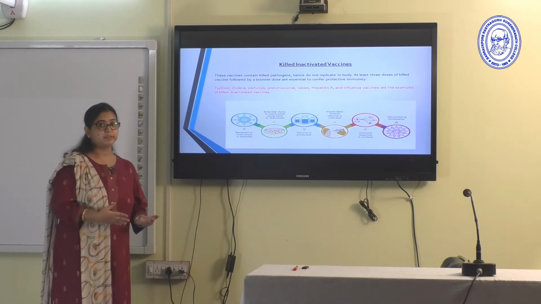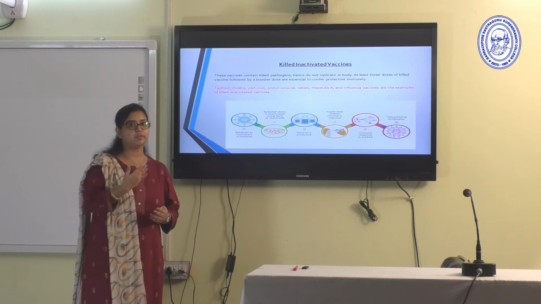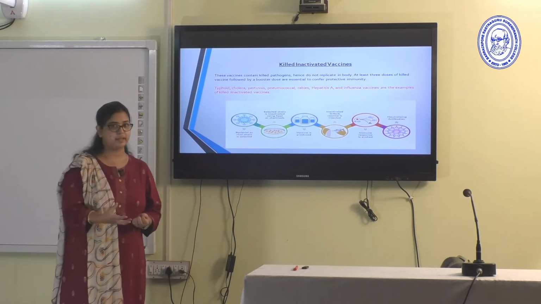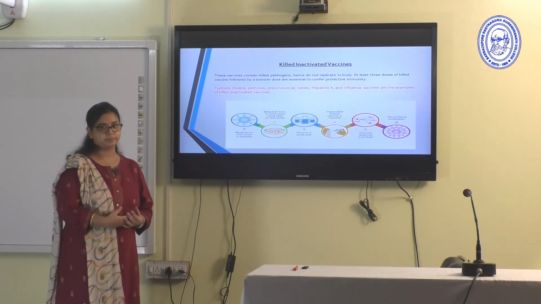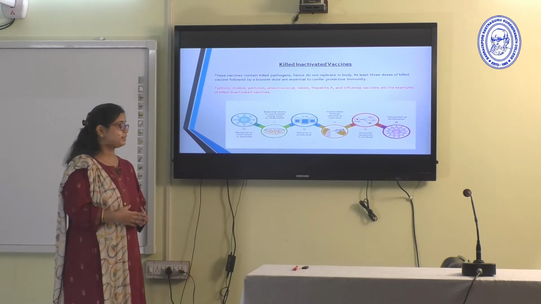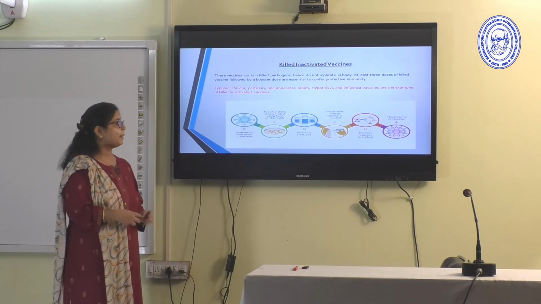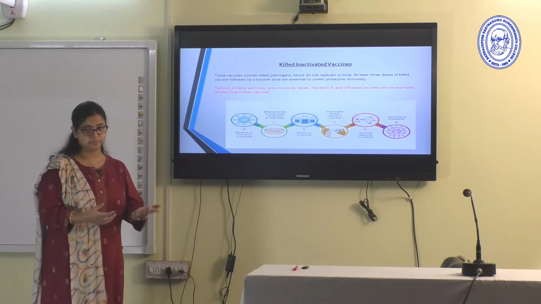One good thing about this vaccine is there is no chance of gaining virulence again. If we are administering a killed virus, it will not gain virulence again in the body. But the drawback is it needs multiple booster doses. We have to provide multiple booster doses to increase its memory capacity.